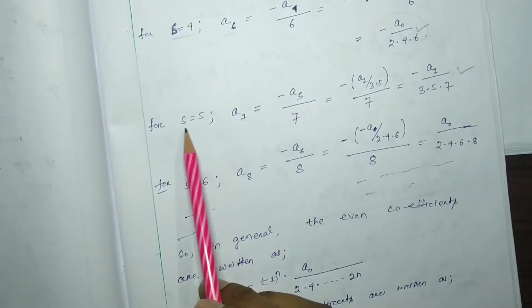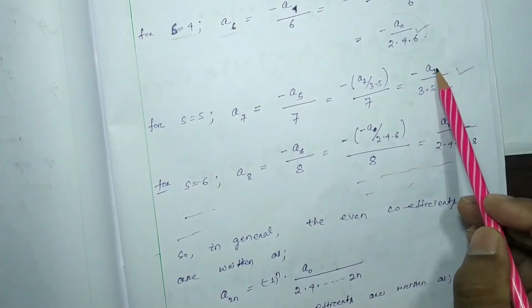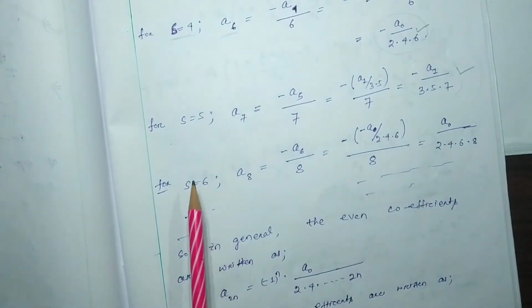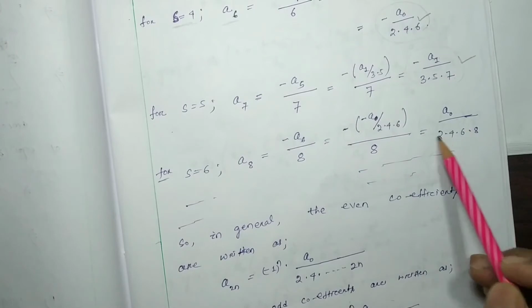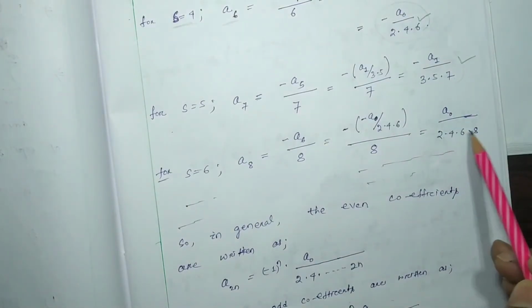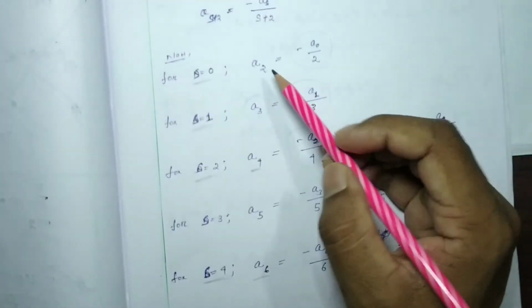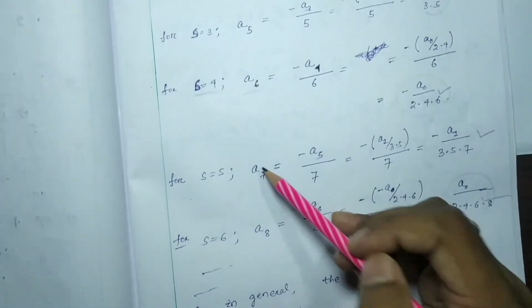Now for s equal to 5, we find minus a1 by 3 into 5 into 7. Similarly for s equal to 6, a8 will be a0 by 2 into 4 into 6 into 8. Okay, in this way we determined a2, a3, a4, a5, a6, a7, a8.